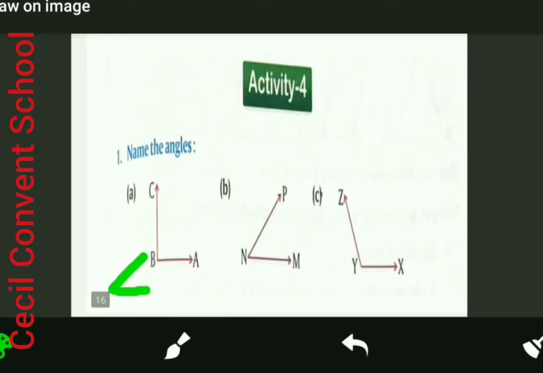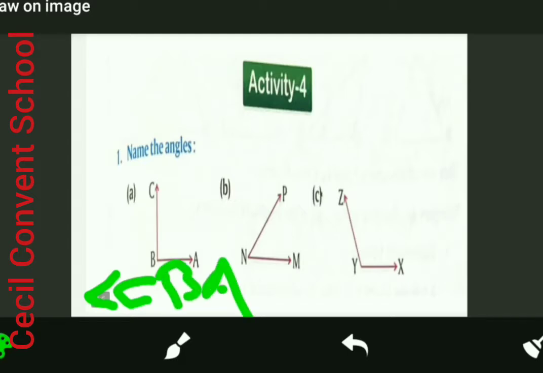Suppose we are writing the name of this one, angle B. The vertex should come inside. Clear? So how do we write it? Angle CBA. Or another way of writing the angle is angle B.